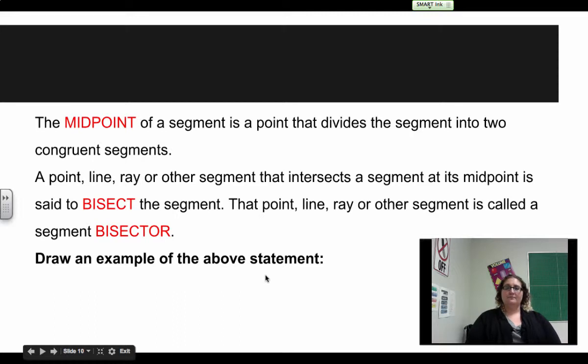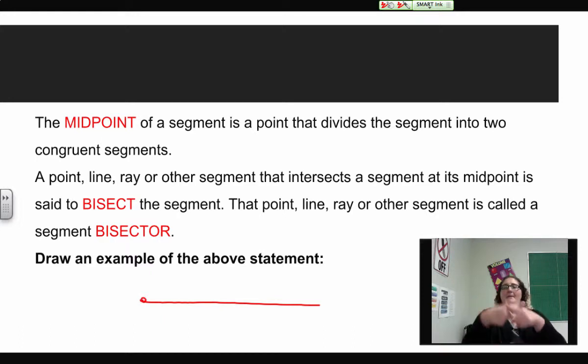The midpoint of a segment is a point that divides a segment into two congruent segments. A point, line, ray, or other segment that intersects a segment at its midpoint is said to bisect the segment. That point, line, ray, or other segment is called a segment bisector. Draw an example.